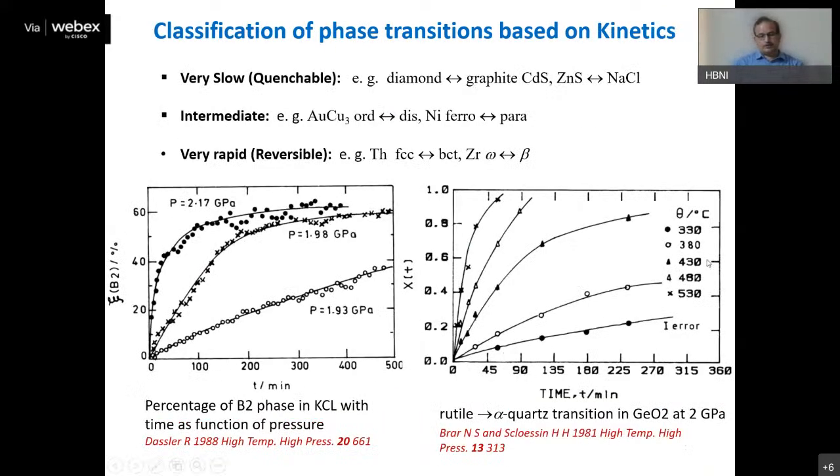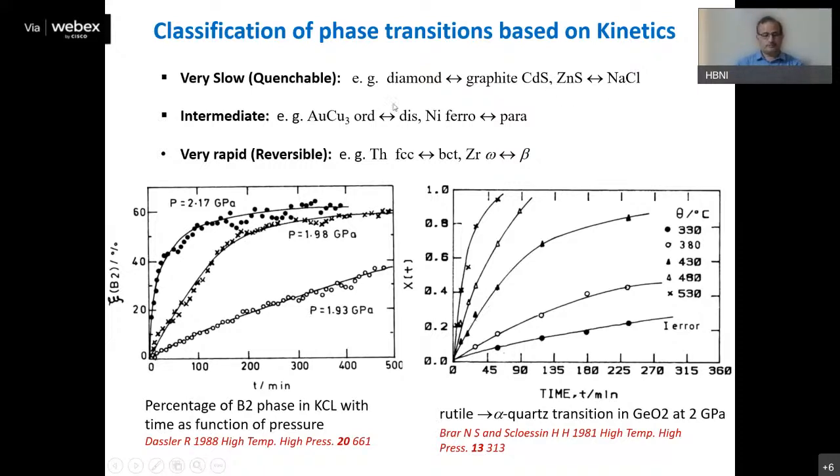Okay, now coming to the classification of phase transition based on kinetics. You can classify this into three types of phase transitions: very slow, which are quenchable, for example, diamond to graphite phase transition, and in CdS, the wurtzite to NaCl kind of structure transition.